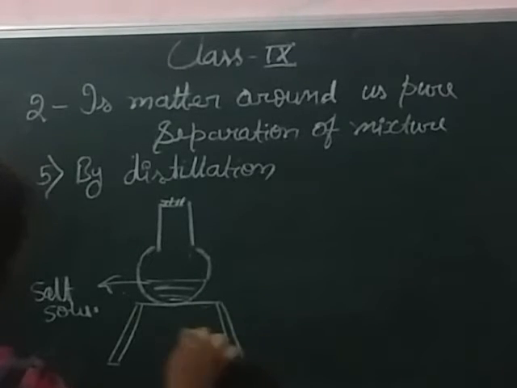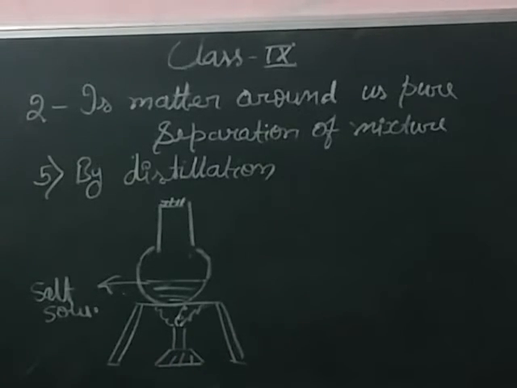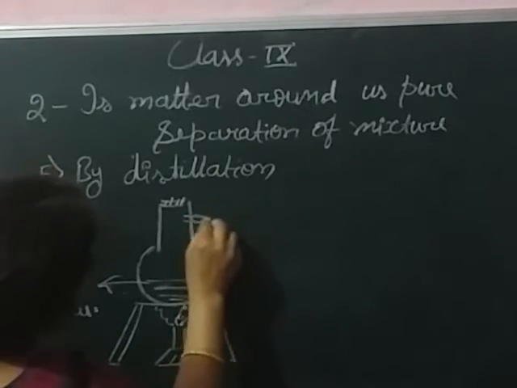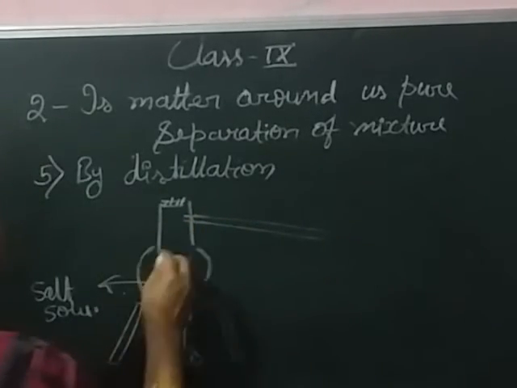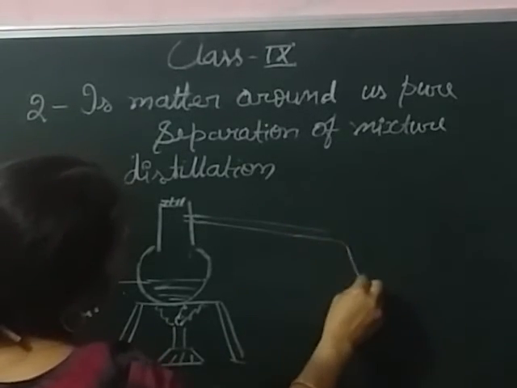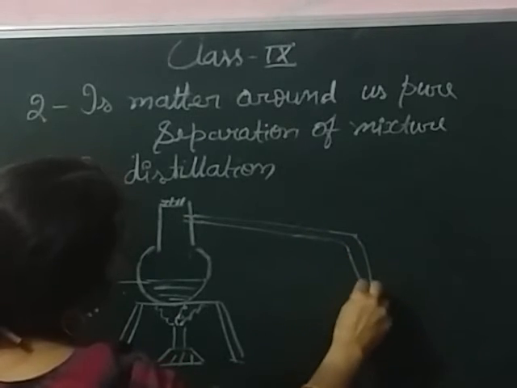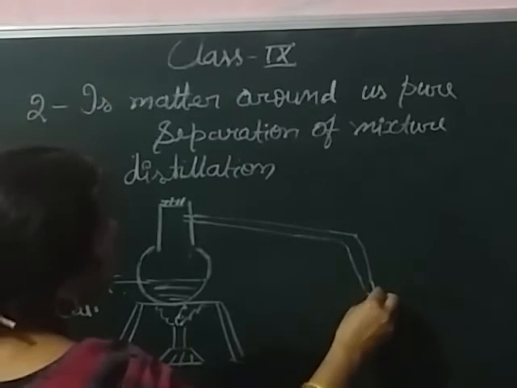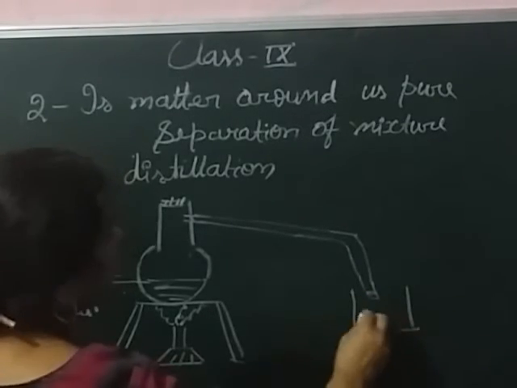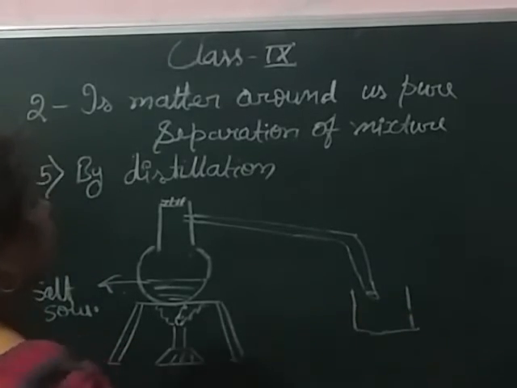We keep it on the tripod stand and arrange a Bunsen burner here for heating the liquid. One delivery tube, meaning a condenser, is also attached to this round bottom flask. Here this is the condenser, and this is the second end of this tube, which is fitted into another beaker.